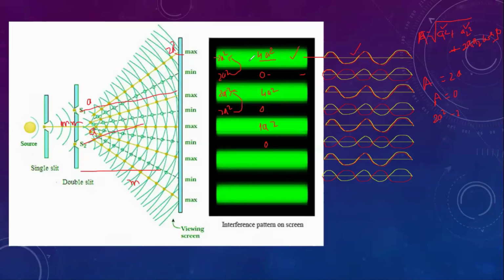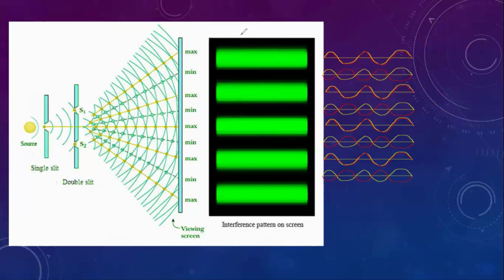Like this, alternate bright and dark fringes you can observe. This is the most surprising part that Young observed: the nature follows one particular pattern. That's what everyone should try to impress upon.